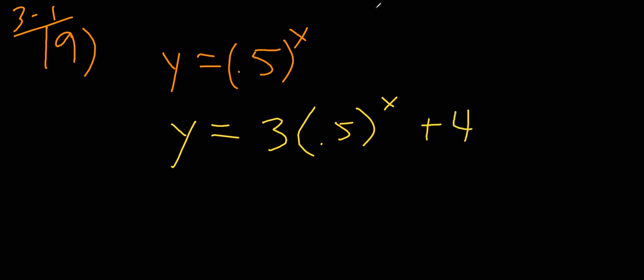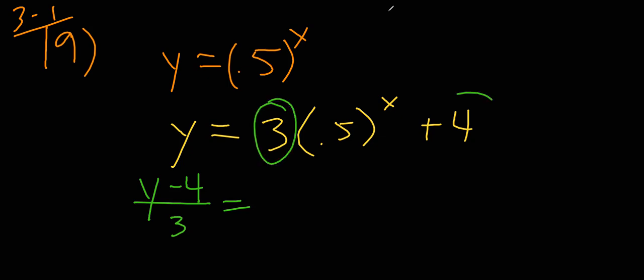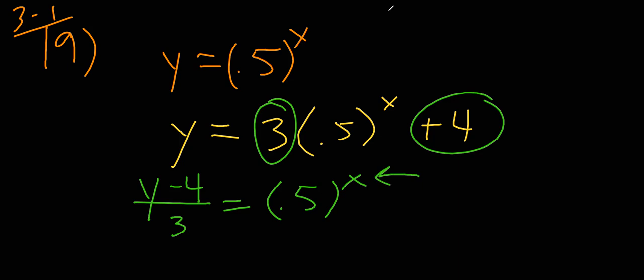Now, if you move things around into function form, what are you going to be doing? Subtracting 4, excellent choice. Divide by 3. So hopefully you saw these two things and say, hey, those things are affecting the y, not the x. Is there really anything going on up here to change the x?